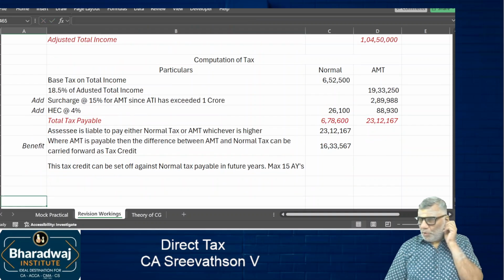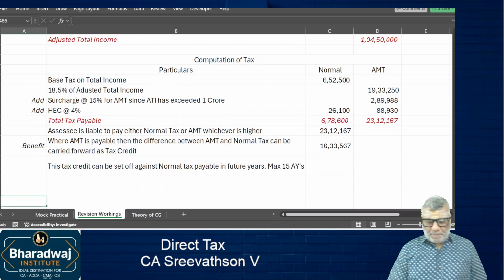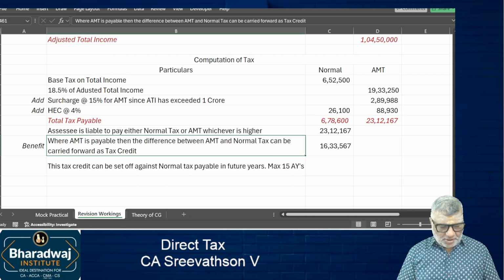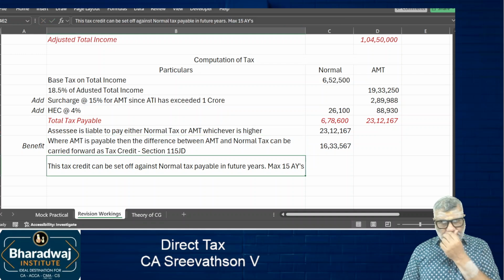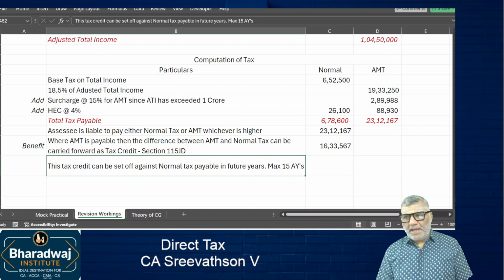Okay, so 115JD gives me a benefit of tax credit, which can be carried forward and set off.